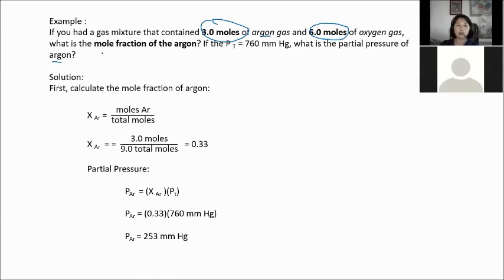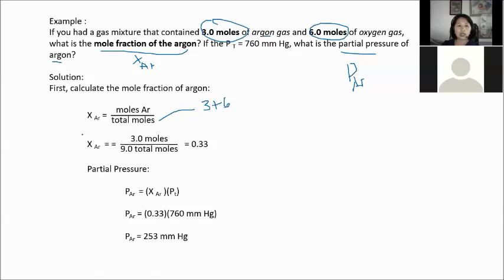Ipahanap ang mole fraction ng argon, that's X of Ar. And then partial pressure, or P of Ar. Yan ang ating unknown. First is to calculate the mole fraction of argon, where the total is 3 plus 6.